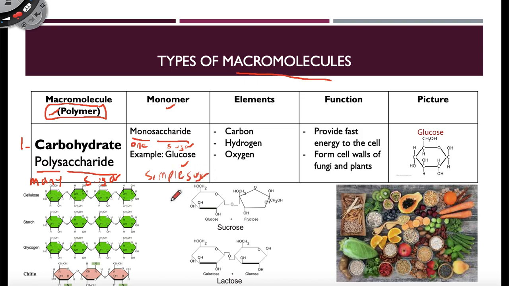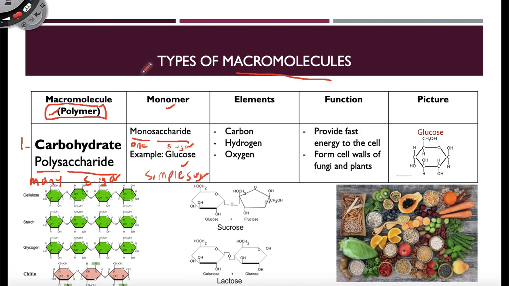So if we take many sugars together and we put them together in an anabolic reaction, then we get a polymer, or we might get a disaccharide or a dimer of 2 monomers together. We'll explore these in just a moment.